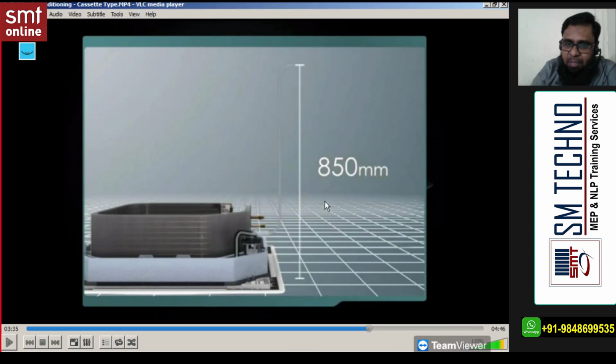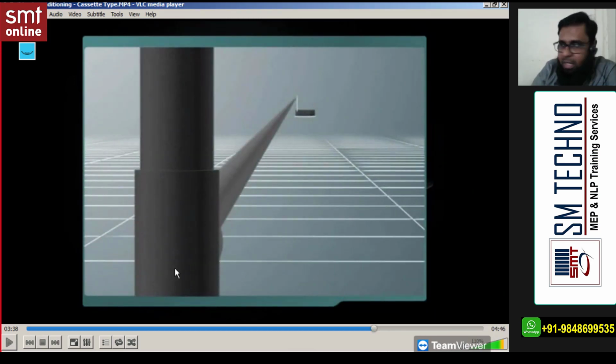You see, for this model, we can connect the pipe above 850 mm. This may vary as per the capacity or unit of the drain pump, and connect to the drain pipe. In this case, a U-trap is not a must, but if you add it, that will be an advantage. And if you want multiple units, you'll find the circuit of a drain pipe. Unit 1, unit 2, unit 3 all will connect to one pipe, and we can run one pipe to the floor drain or near the floor drain.